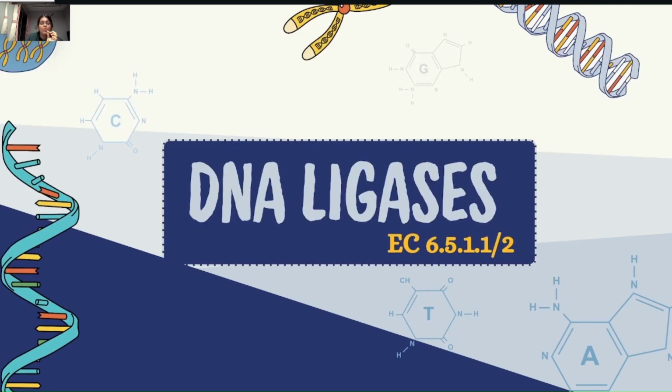Lastly, we are talking about DNA ligases, which are the enzymes that seal the nicks in the DNA and join the Okazaki fragments. Let's think about DNA ligases as the glue which joins every piece of structure in a secure bond.